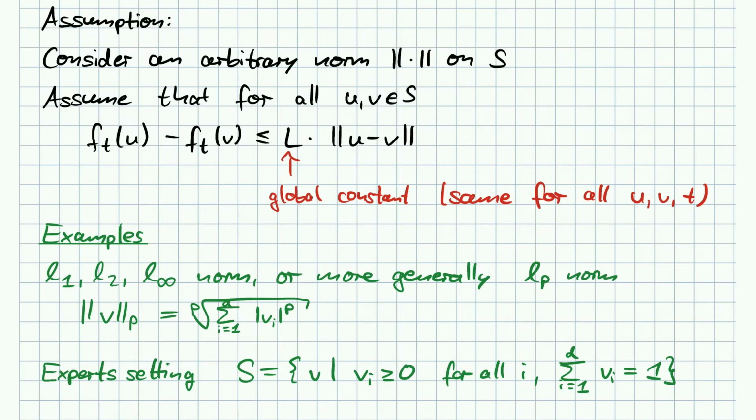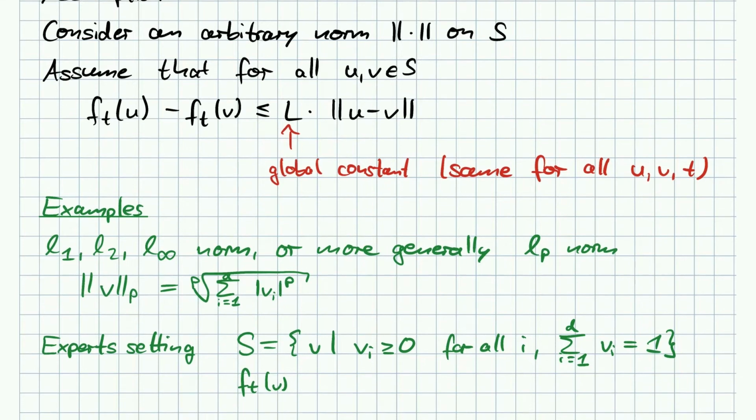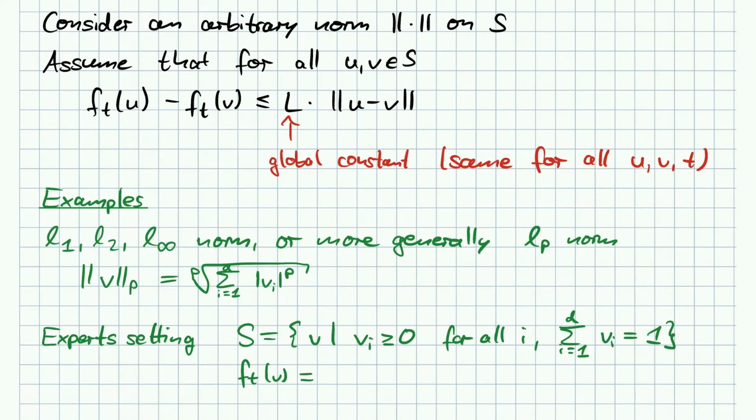And what were the functions ft like? The functions ft were nothing but these functions which are lit times vi. And this lit we were always assuming to be between 0 and 1 or between 0 and rho.